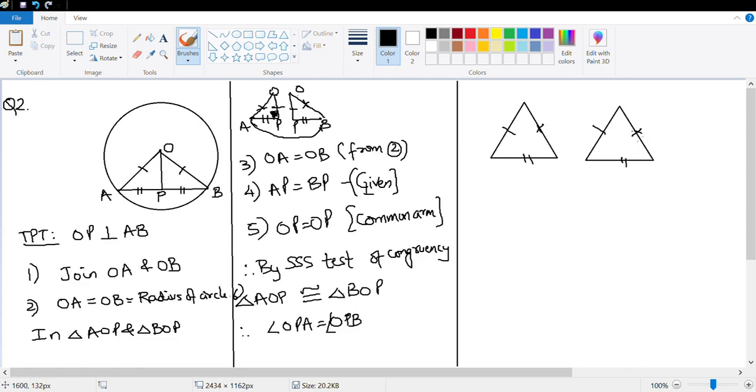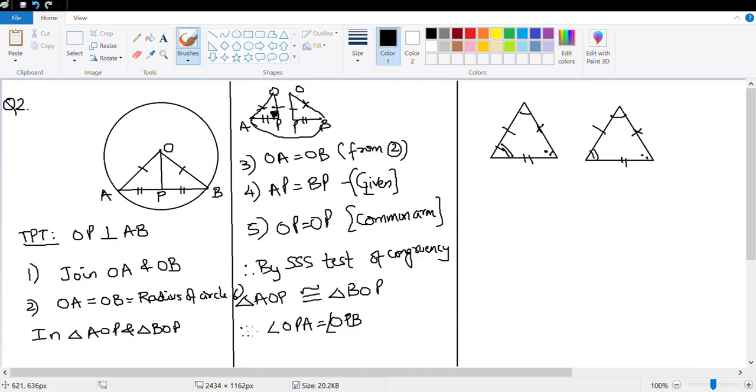And corresponding angles are also equal. We've done this earlier as well, so maybe I did not share it in the beginning of the video, but this angle will be equal to this angle, and this angle will be equal to this angle. Right. So corresponding parts of congruent triangles are equal.